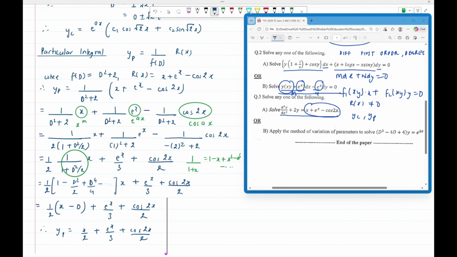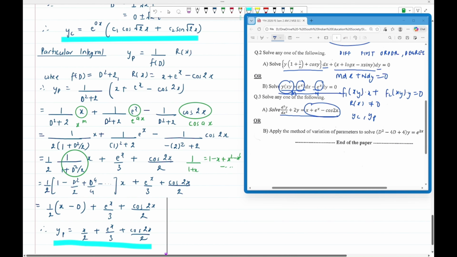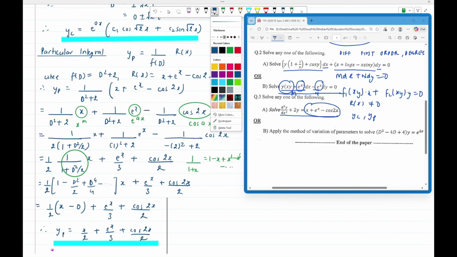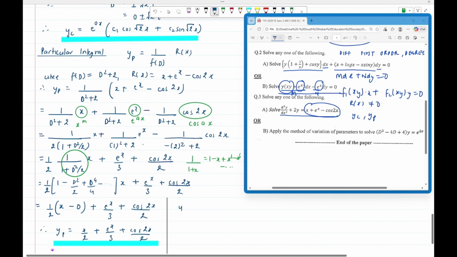So since we have both the complementary function as well as the particular integral, we can find out the general solution of the higher order linear differential equation. And the general solution is yg is equal to yc plus yp.